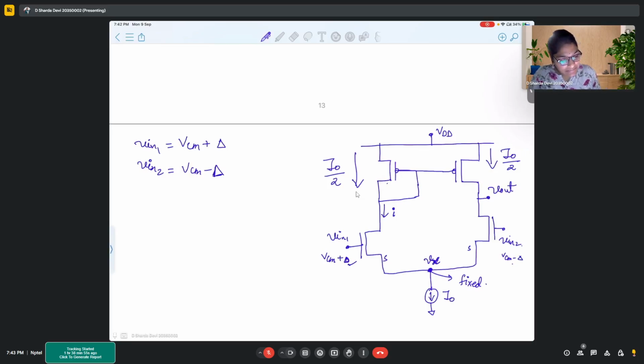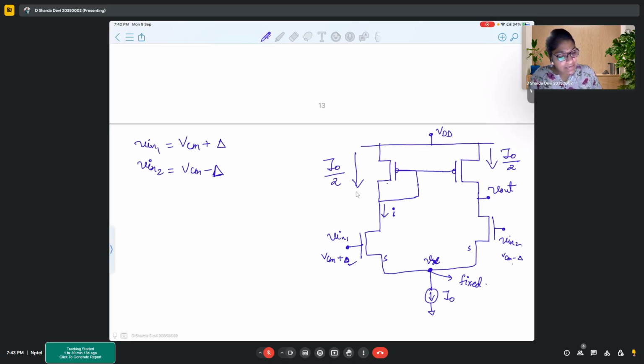Because of the small signals applied to the gates, there will be another small current I flowing through these circuits, which will depend on the signals that you are applying to the gate.